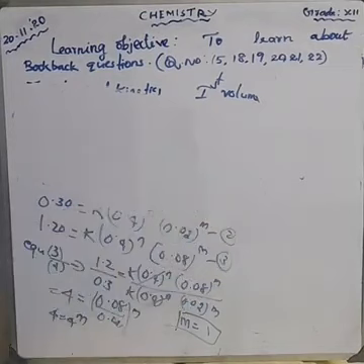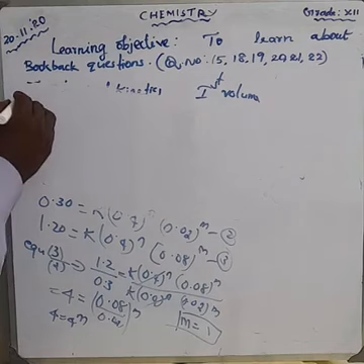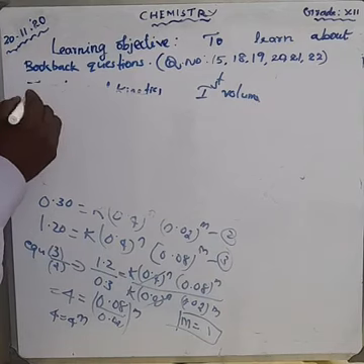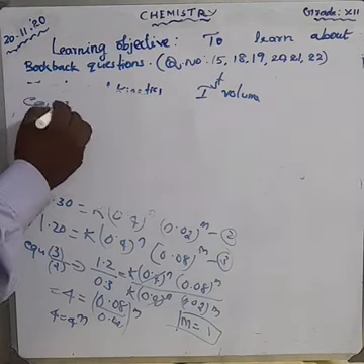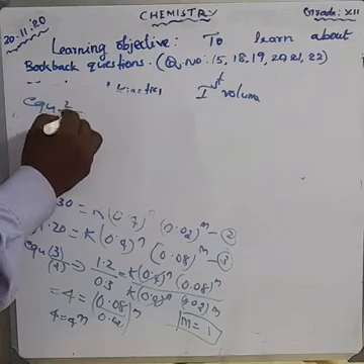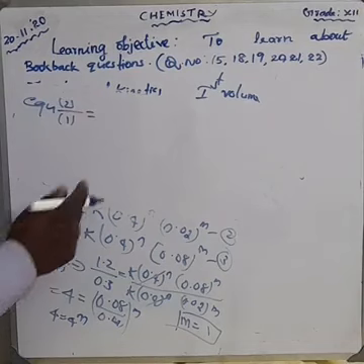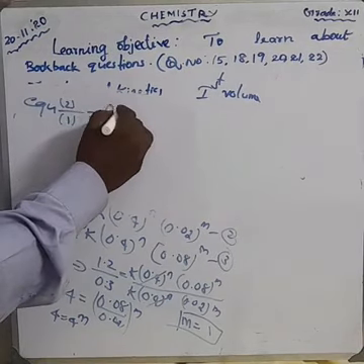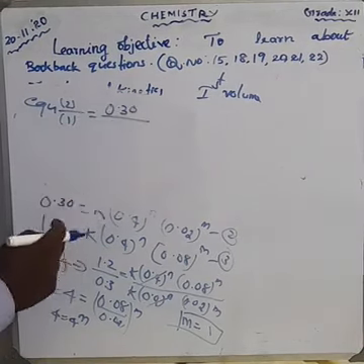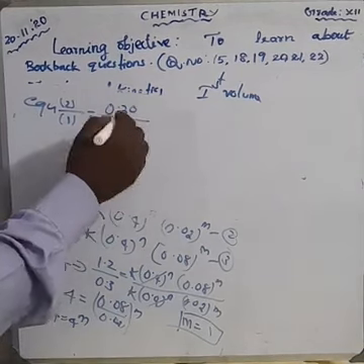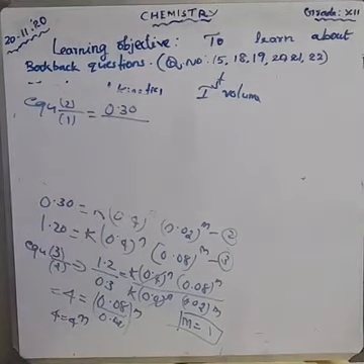Equation 2 by 1. Okay. What about equation 2? 0.30 divided by equation 1, you shall write, equation 1.